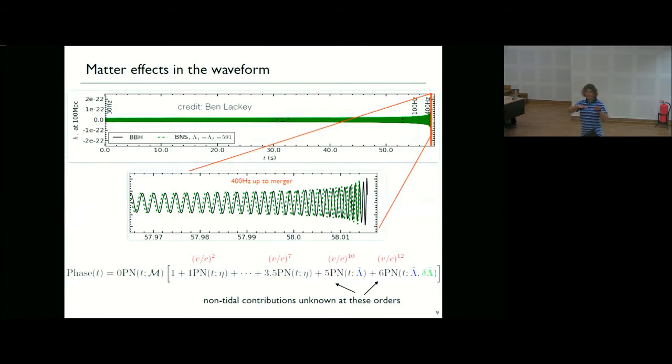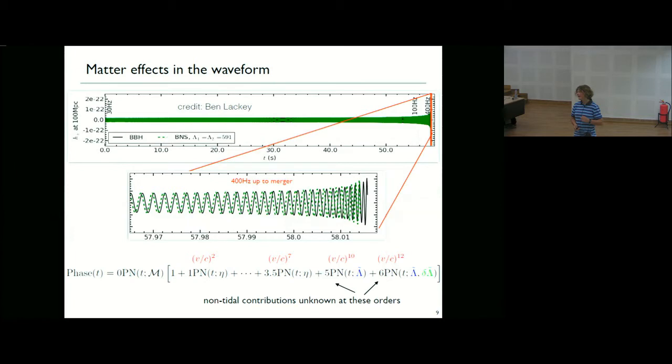Because everything scales differently with the frequency, that lets one disentangle the parameters. I mean, this tidal parameter doesn't have a super strong correlation with the chirp mass, for example. But this has to be done, of course, more carefully with data analysis, just to point it out.